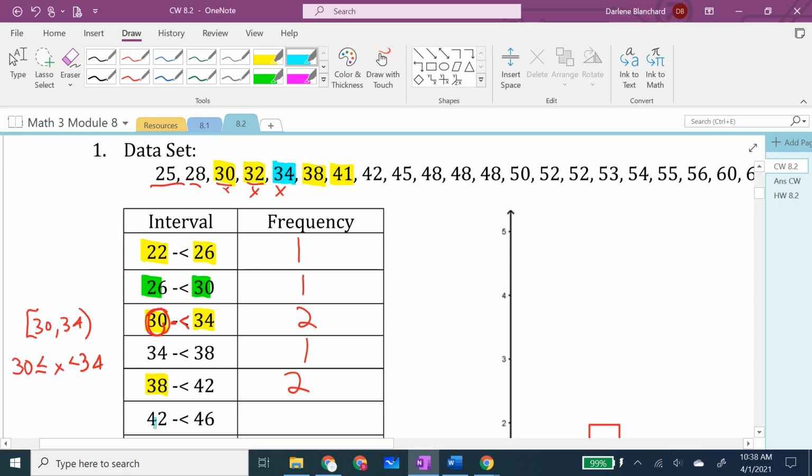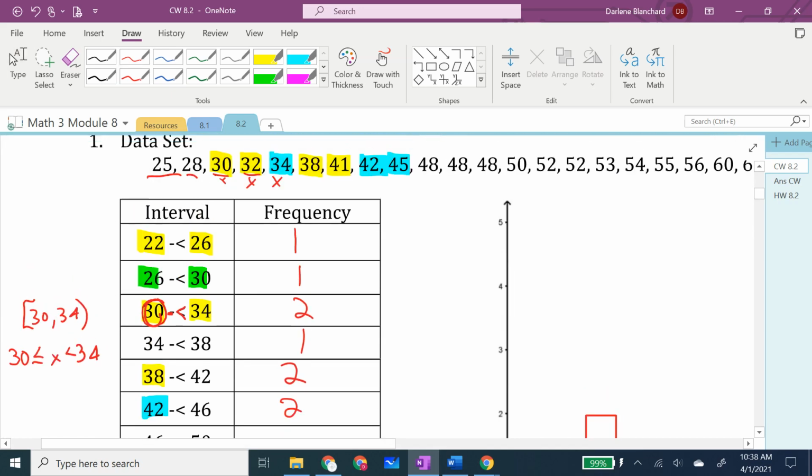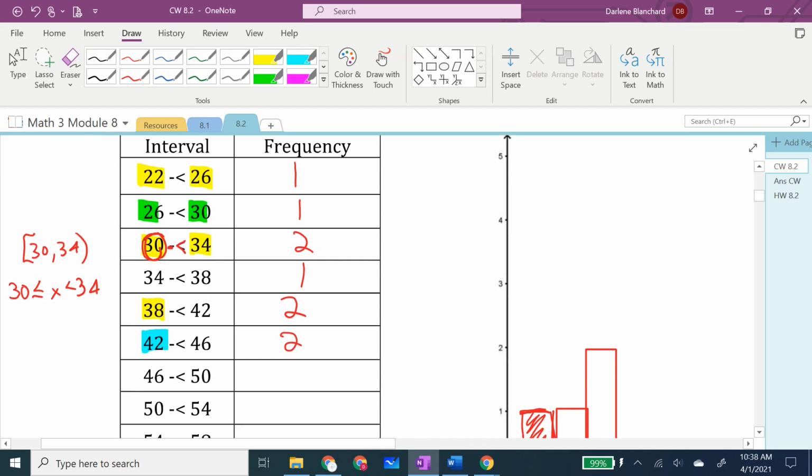Next is 42, including 42 to under 46. 2 more. Then 46 to 50, but under 50. There are 3.